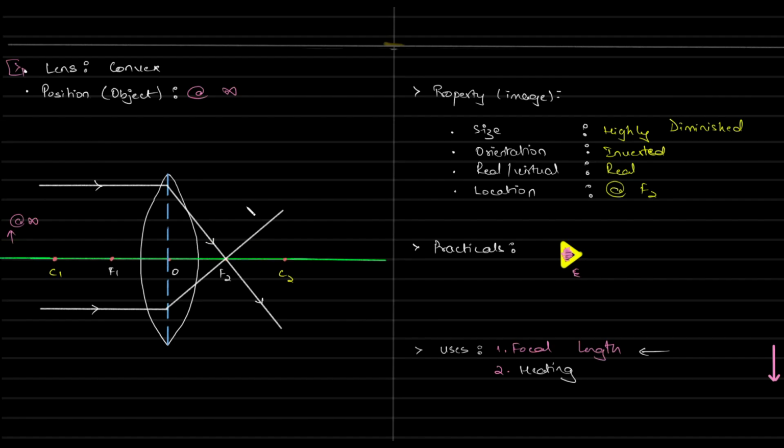And this is something that again you guys need to practice. So quite simple, parallel beam of light converging at F2. And the properties of the image are the same as your mirror. And practical, yeah.